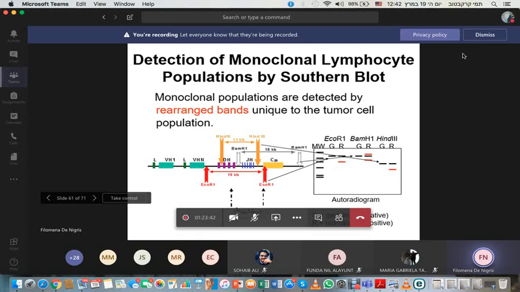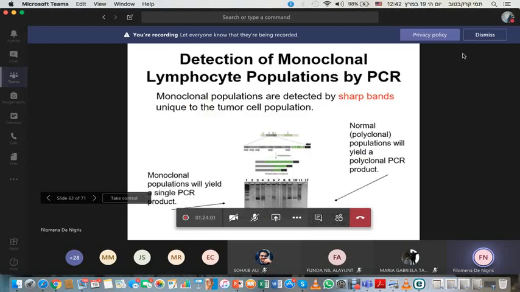For leukemia, the presence of an extra band is diagnostic, together with fluorescent cell sorting that gives you a large increase of the lymphocyte population. The take-home message: we can never use one marker, but more than one.